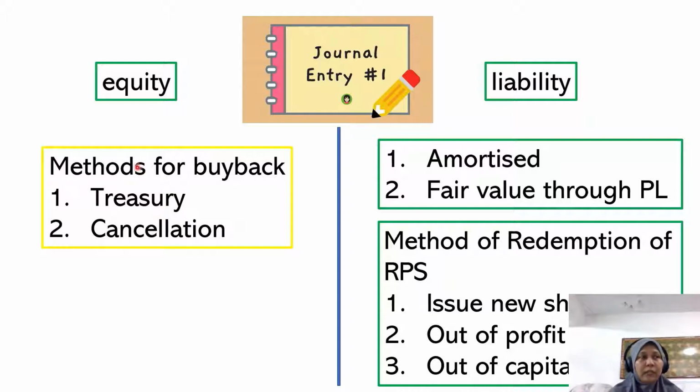As for liability instruments, the methods involved start from the issuance itself, where we need to identify whether the company uses amortized cost or the fair value through P&L method, because the issuance of the liability instruments, as well as the interest expense and interest charge, will rely upon the method used.